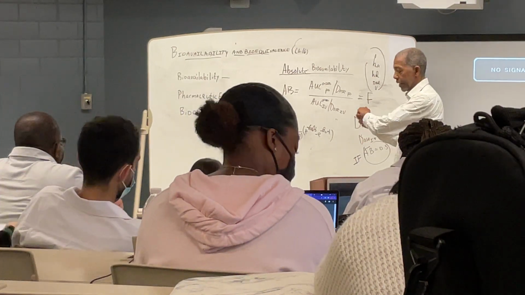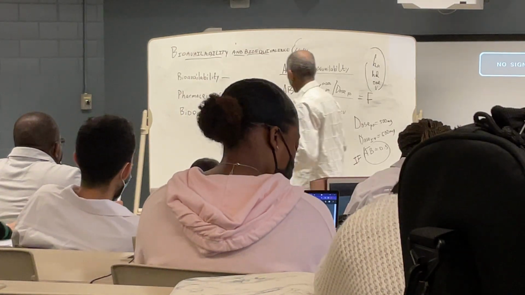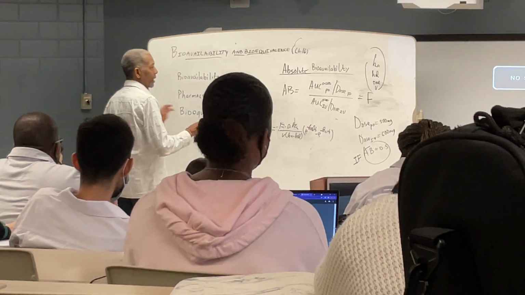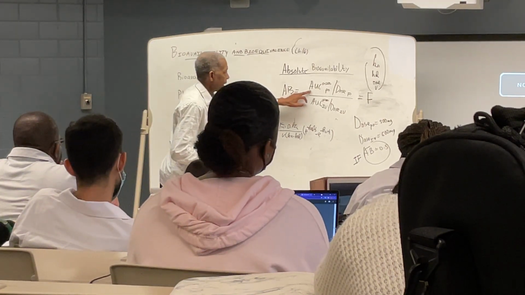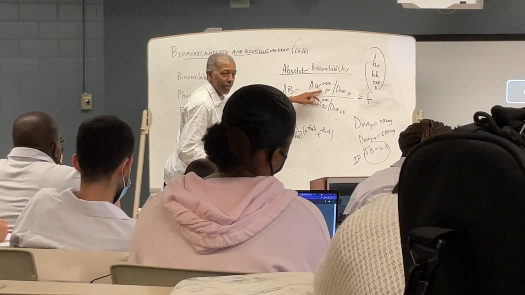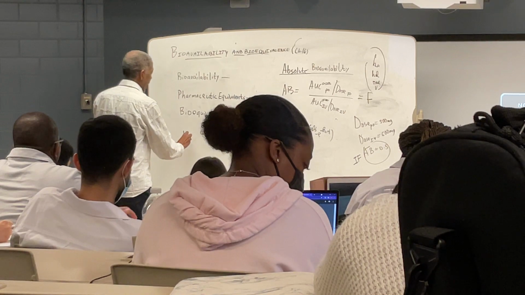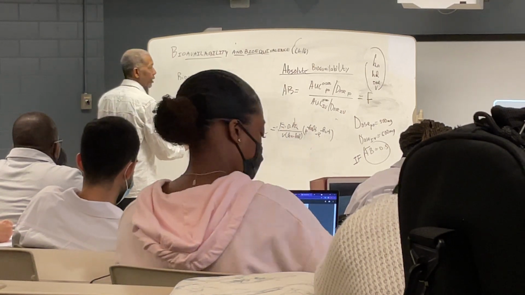Okay. The only other thing I'm going to say, and then I'm going to end this discussion and answer any questions: that plasma concentration, the area under the curve, is the area under the plasma concentration-time curve. Just like with relative bioavailability, we can also calculate absolute bioavailability using urinary excretion data.